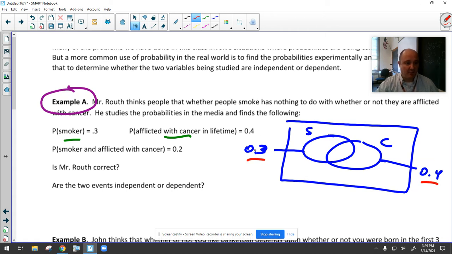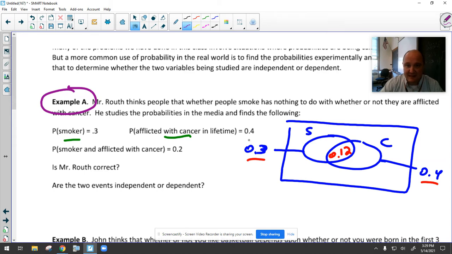So if I multiply 0.3 times 0.4, I get 0.12. That's what I would expect if smoking and cancer had nothing to do with each other. I would expect the probability that somebody is a smoker and has cancer to be 0.12.